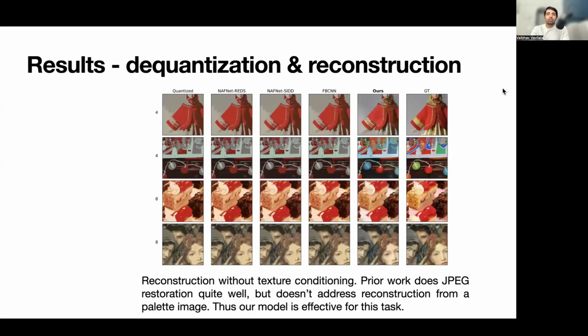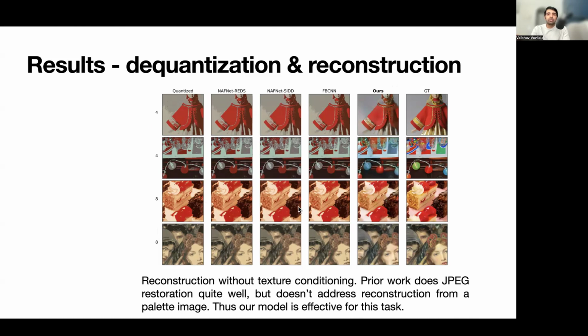Okay, so let's look at some more results for dequantization without any texture conditioning. Here we can compare with existing works that also do JPEG restoration. On the left, you can see the quantization level, the number of colors in the palette. And the last column is the ground truth.